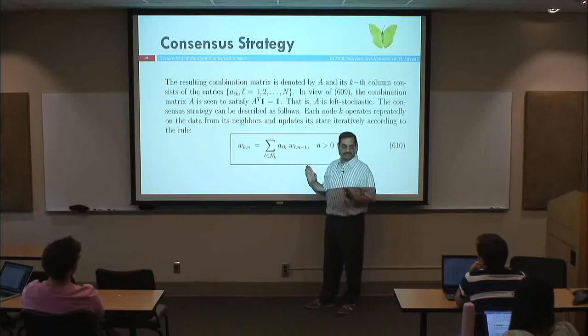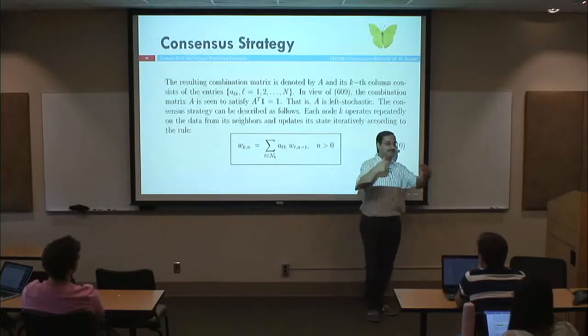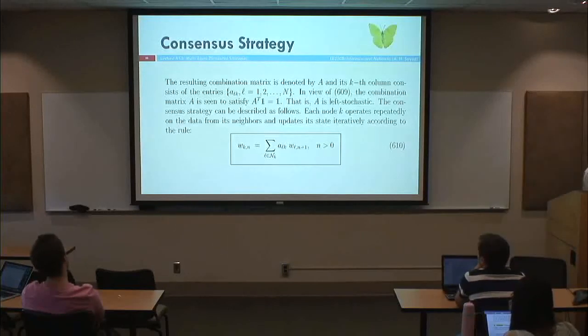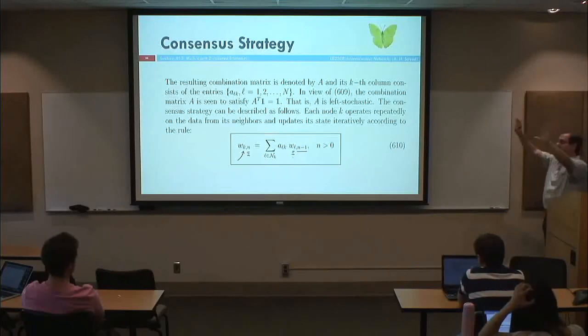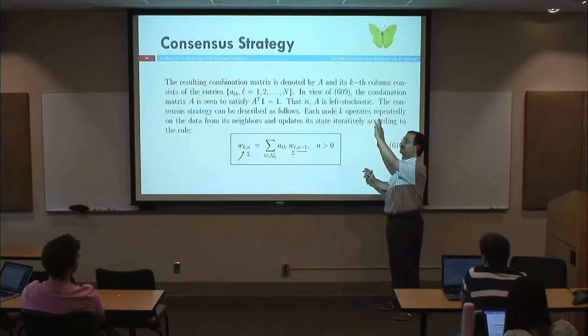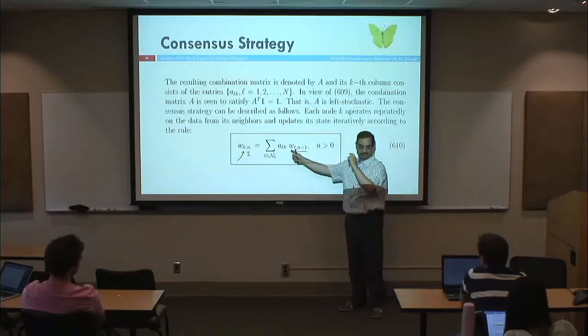And every agent is doing the same thing. You just keep repeating this infinitely often. So this is the state of agent k at time n. You look at the state of your neighbors at time n minus 1. So now you have a network, and each agent is updating its state vector according to this.